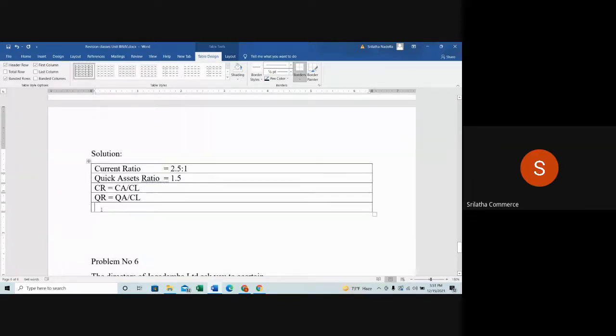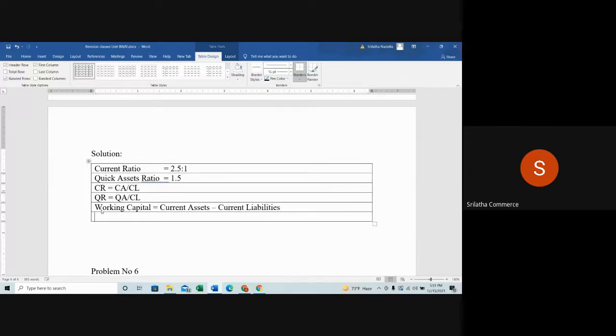How do you get working capital? Working capital is equal to current assets minus current liabilities. So your working capital is equal to 60,000, he had given, isn't it?